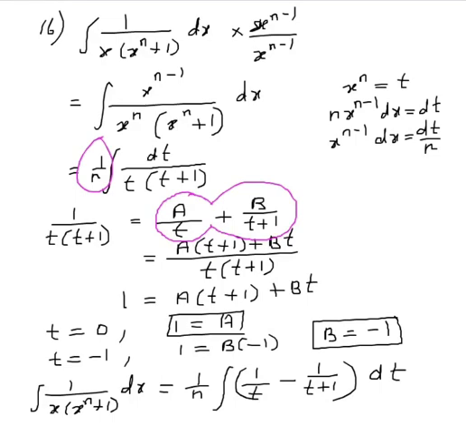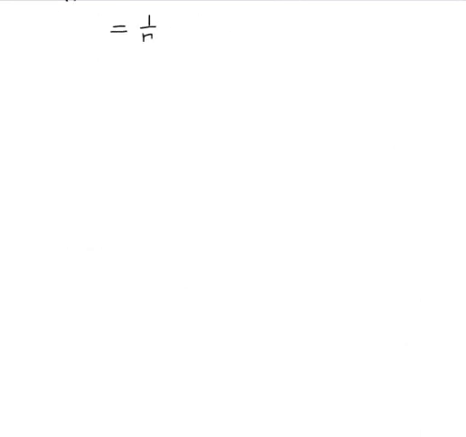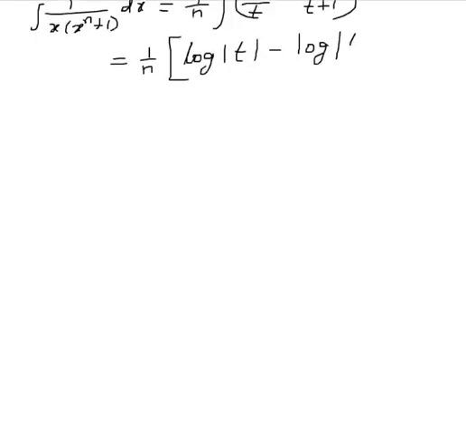Let us integrate and write 1 by n times: the integral of 1 by t is log of absolute value of t, and the integral of the second term is log of absolute value of t plus 1, plus c. Log a minus log b is log a by b.